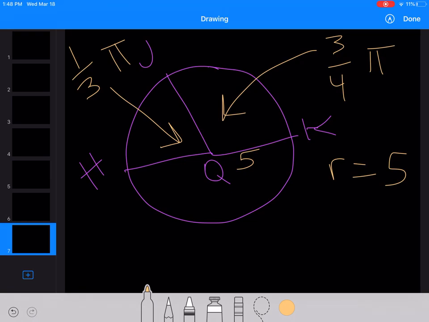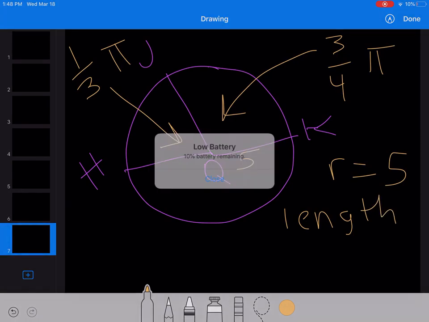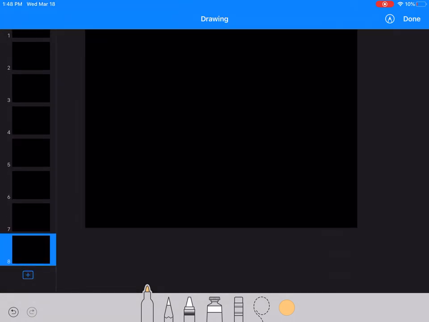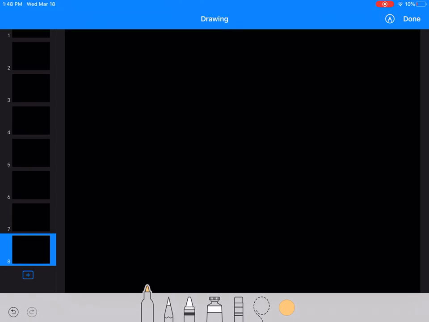The first thing we're going to do is find the length of JK. Okay, so let's just use our formula here. We know the formula in radians is S equals theta times r. So I just want the S of JK.